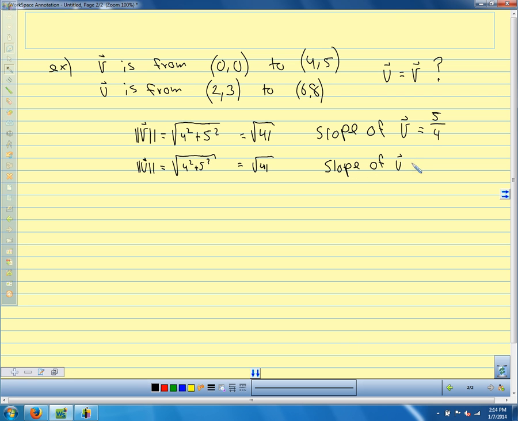Slope of u, 8 minus 3, 5. 6 minus 2 is 4. Same magnitude, same slope, so the vectors are equal. All right, nice and easy. Not too difficult to figure out. Questions on that example?